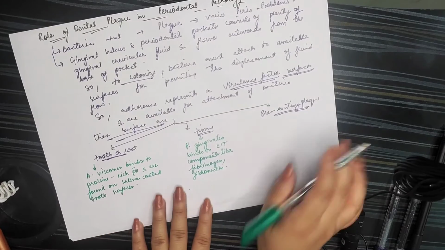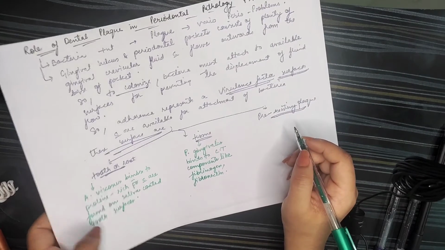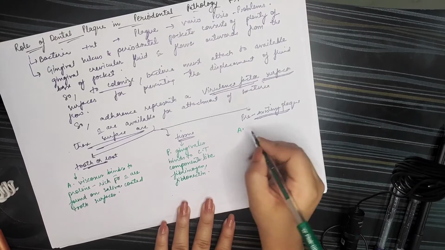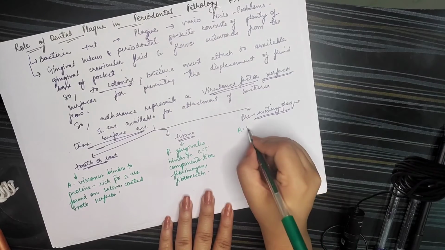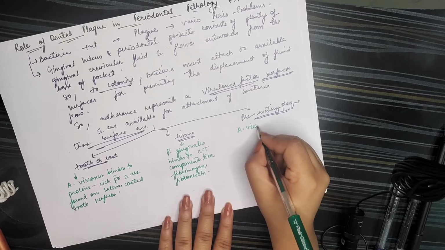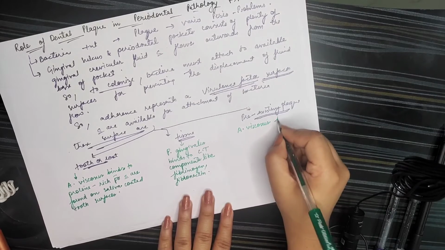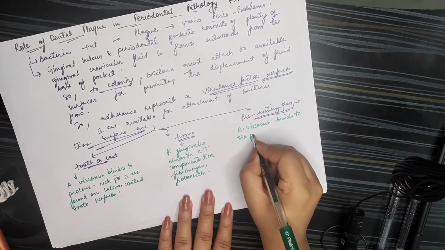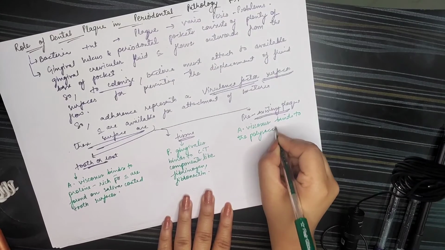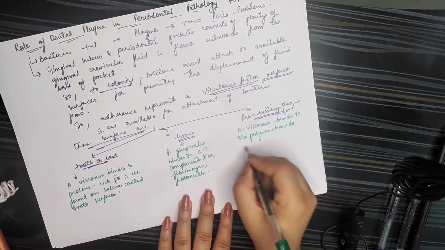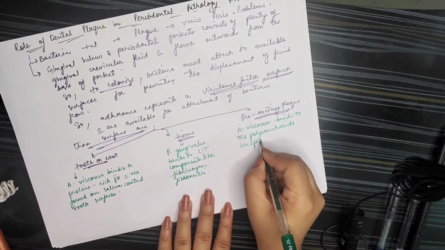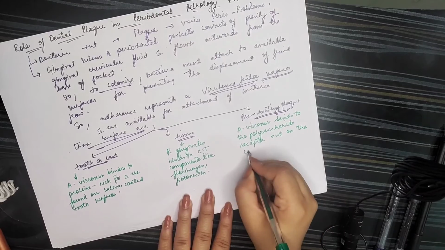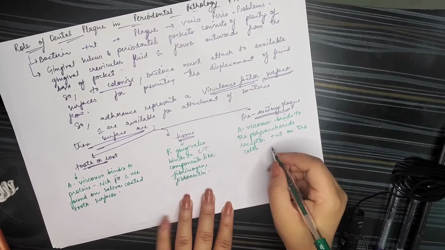And for pre-existing plaque, Actinomyces viscosus binds to the polysaccharide receptor which is present on the cells of Streptococcus sanguinis.